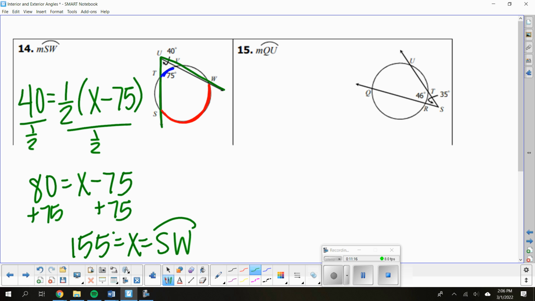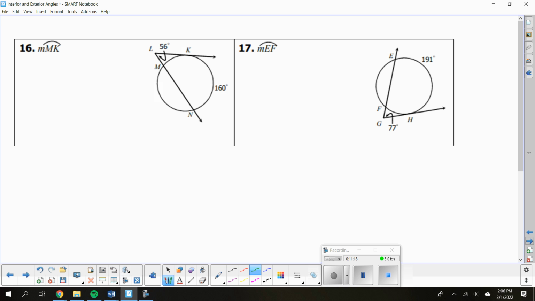Alright, let's look at number 16. Again, I am given my angle this time. I have one of the arcs it's tracking, and I'm asked to find the other arc. Your angle is equal to half your big arc minus your small arc, which I don't know. So the location is changing here as to where your x is, which is very, very important because I have a minus.